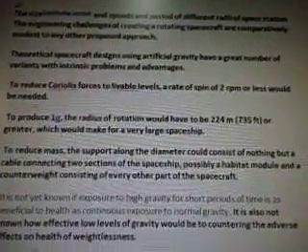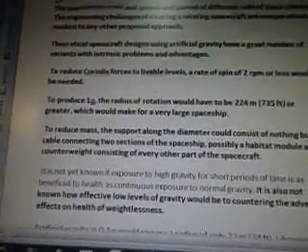Theoretical spacecraft designs using artificial gravity have a great number of variants with intrinsic problems and advantages. To reduce Coriolis forces to livable levels, a rate of spin of 2 RPM or less would be needed. To produce 1 G, the radius of rotation would have to be 224 meters or 735 feet or greater, which would make for a very large spaceship.